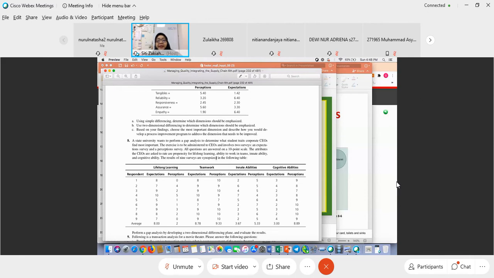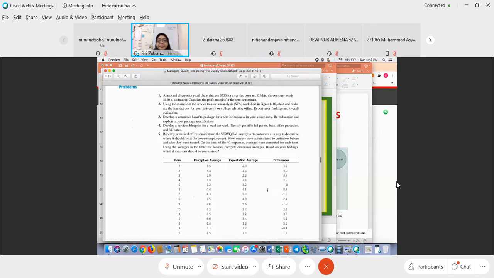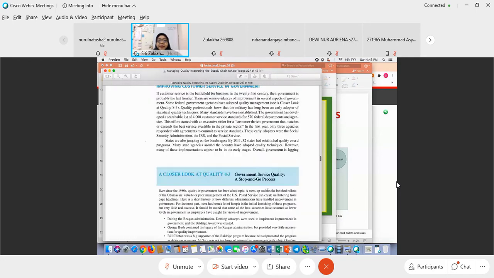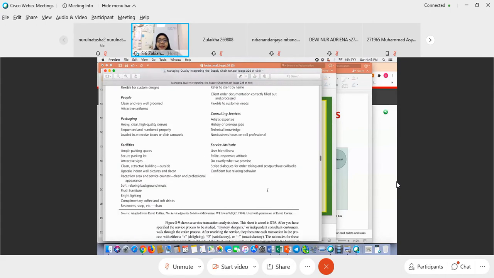Okay, so please calculate. Perform a gap analysis by developing a two-dimensional differencing plane and evaluate the results. Before that, you have to do the differencing plane. Okay, you understand that?